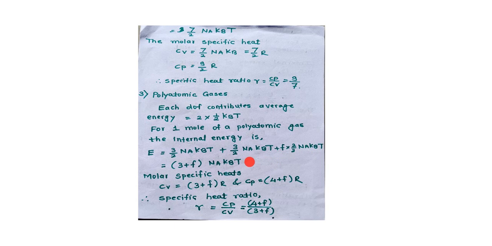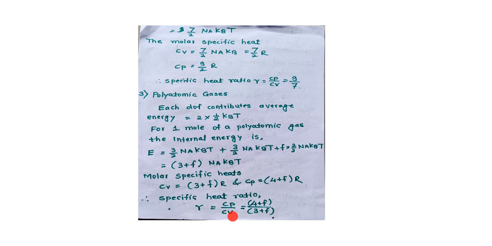The molar specific heats: Cv is (3 plus f) R and Cp equals (4 plus f) R. Again by using the equation Cp minus Cv equals R, by substituting the value of Cv, we will get the value (4 plus f) R. The ratio of specific heats is gamma equals Cp upon Cv.